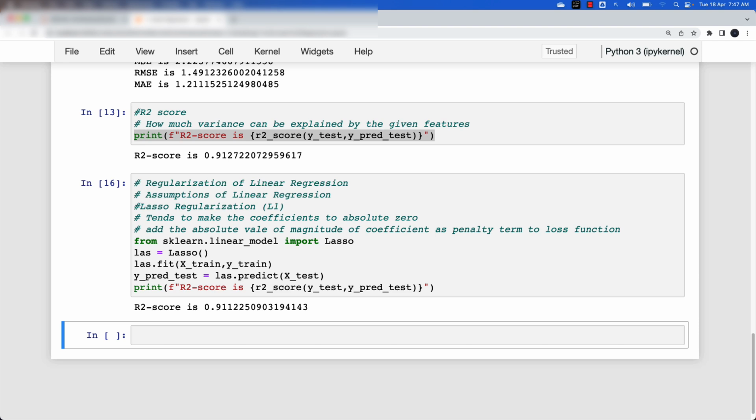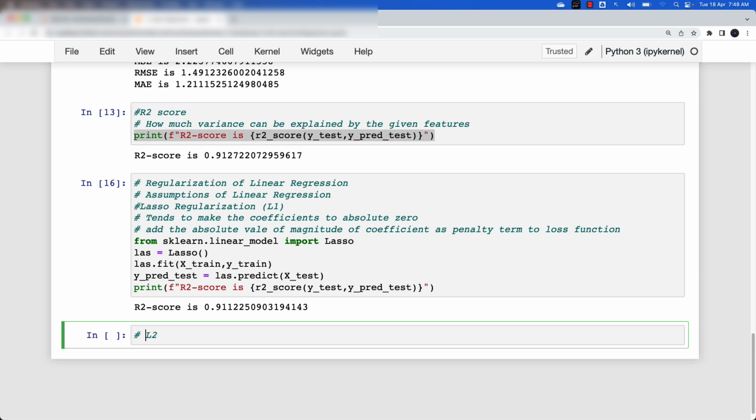The R2 score is 0.9122, which means with the application of lasso regression, the overall R2 score, that means the explainability of the features about the target, is still the same. Maybe I can fine tune it by changing the values of alpha, and see whether we would get a better performance on this given data or not.